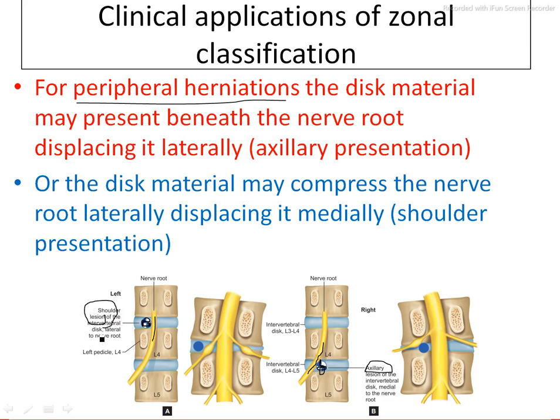So what clinical implications does it have? When the nerve root lies medially, because of the proximity of the herniation and the nerve root, there will be irritation, isn't it? So to prevent that irritation, the person tends to tilt in one direction where there will be no irritation.